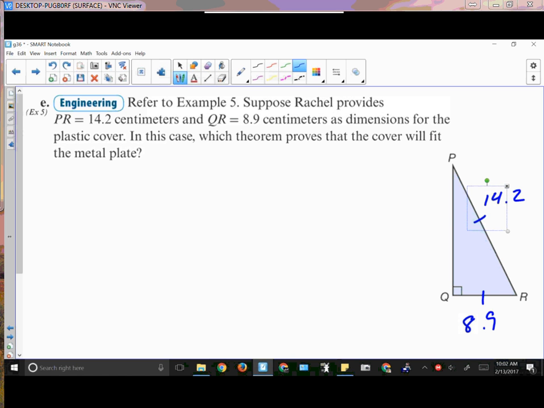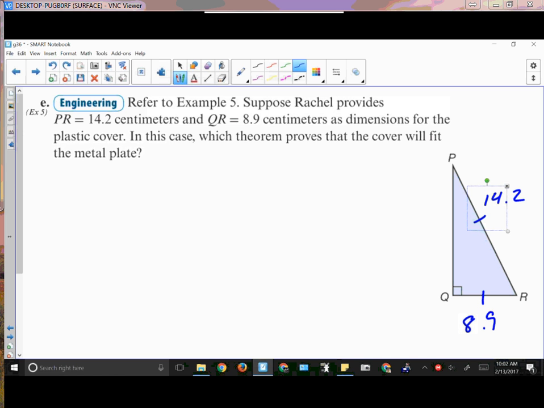Is this sufficient to make sure that all of the covers that were made will fit this metal plate? Is this true? Why? Which one of the right triangle congruence theorems is this going to work with?